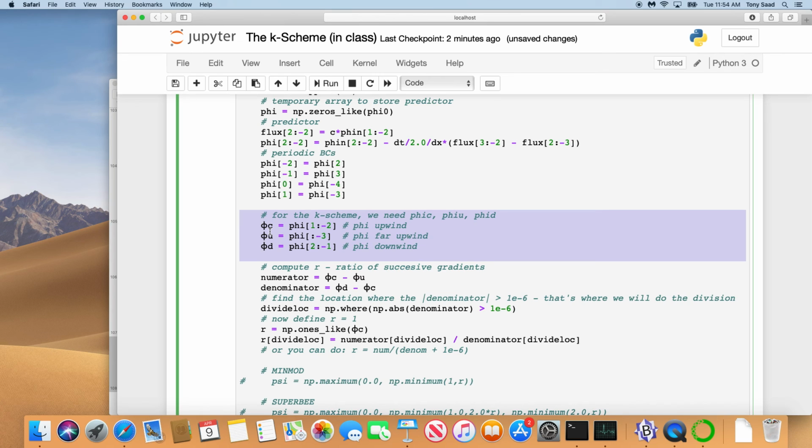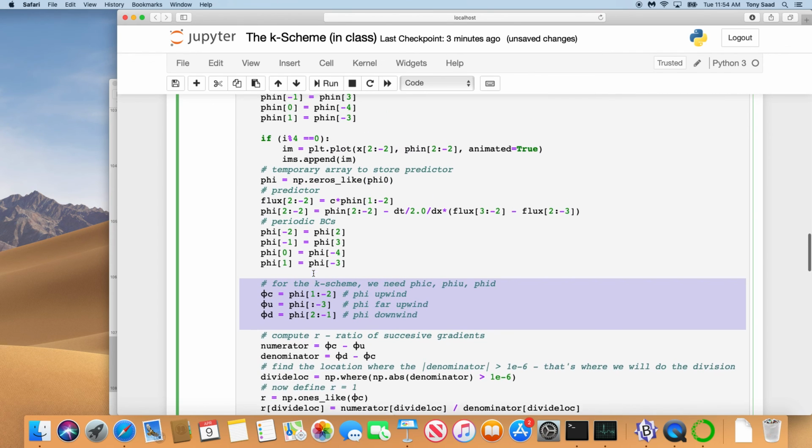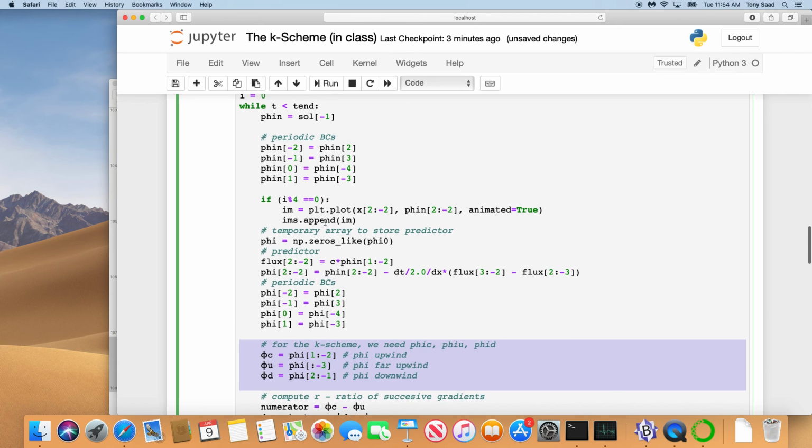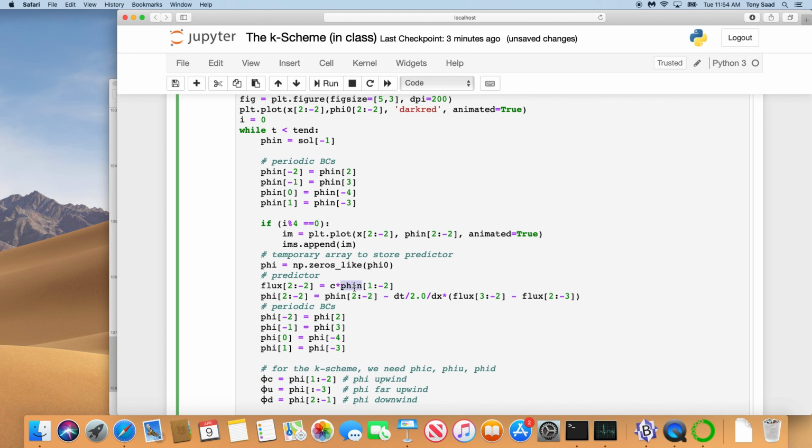So think of it as upwind, far upwind, downwind. Change those arrays based on the direction of the velocity, and then you're good to go. That's the only region where you change, and you'd also want to change the predictor as well because you're going to be using a backward difference. Okay?